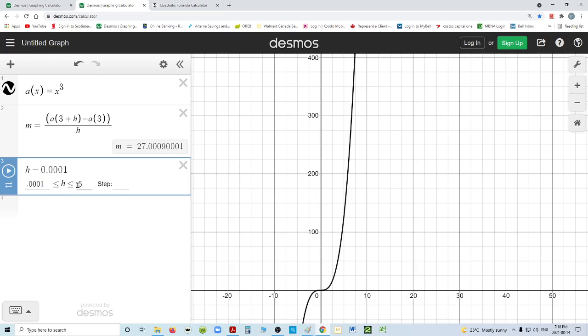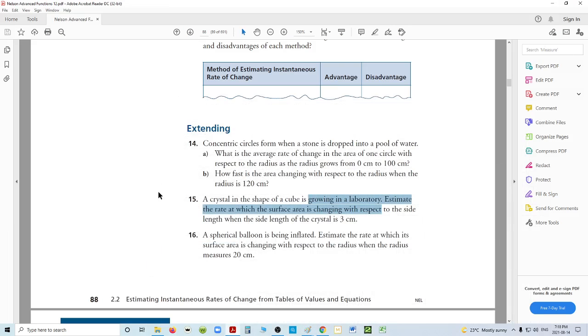And actually, if you put it between that and 0.001 and hit it, you get a better idea. And even 0.1. Let's make our h go all the way up to 0.1 instead of 1 and hit play. So you can see as I get up to h is 0.1, I'm not as accurate to the 27. So the answer to that is 27.